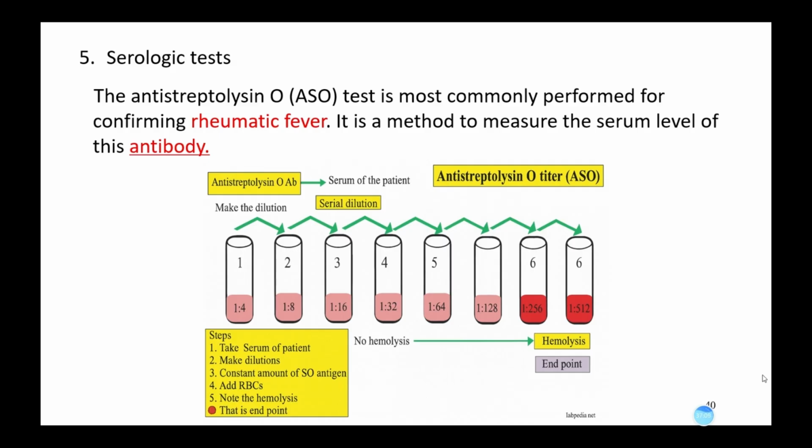Based on the titer, the fold to which you dilute the patient's serum, you can decide whether it's positive or not. And this is commonly performed to confirm rheumatic fever. Because rheumatic fever is a serious problem, you can use the ASO test to decide whether your patient is suffering from it.